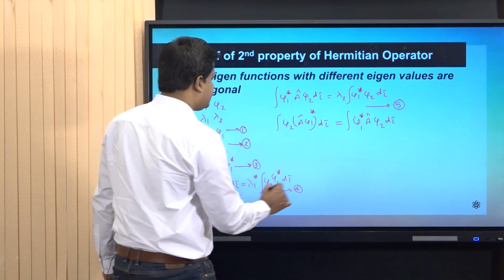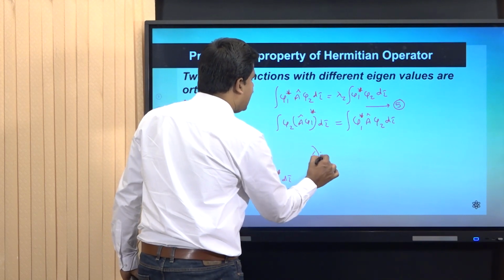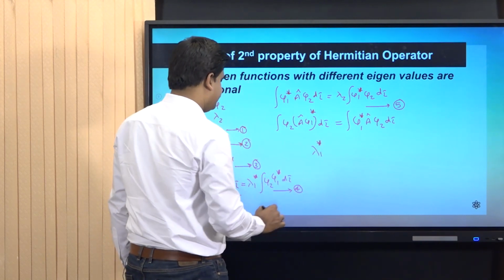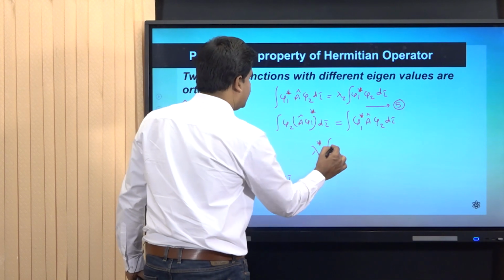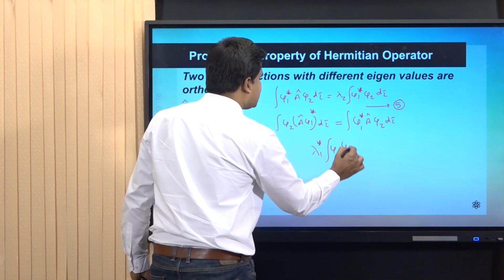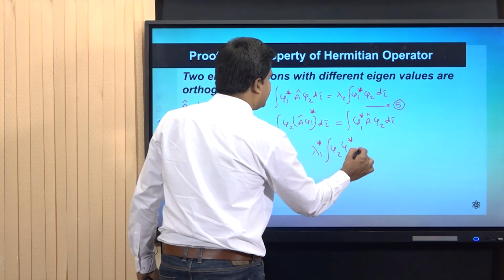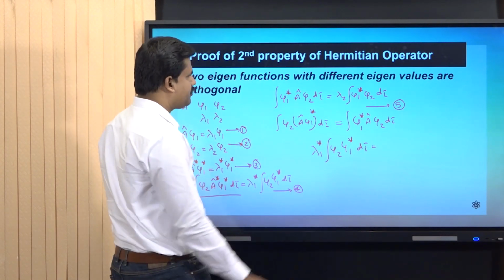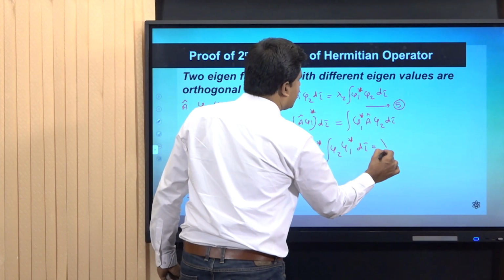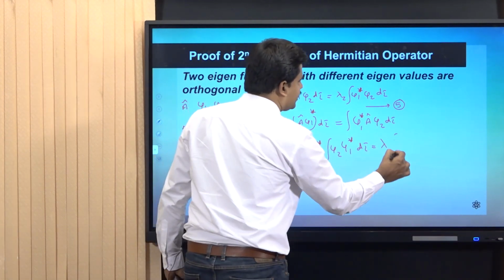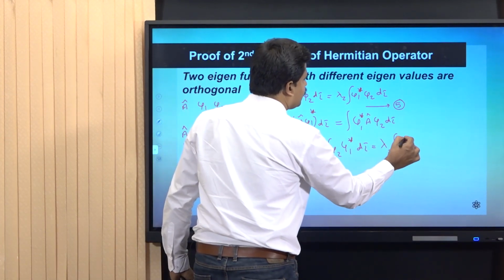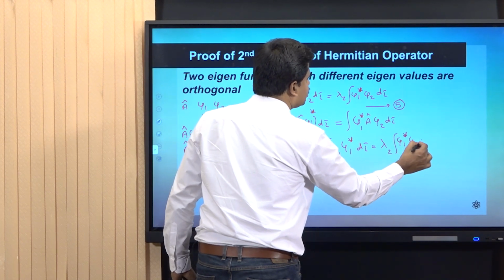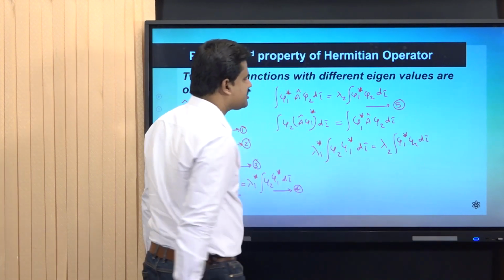That is, lambda 1 star times the integral of psi 2 psi 1 star d tau equals lambda 2 times the integral of psi 1 star psi 2 d tau.